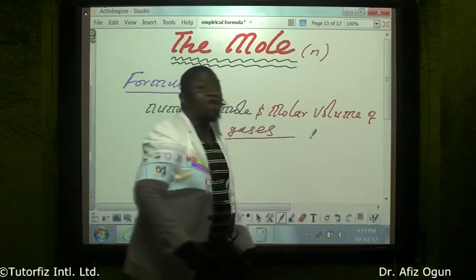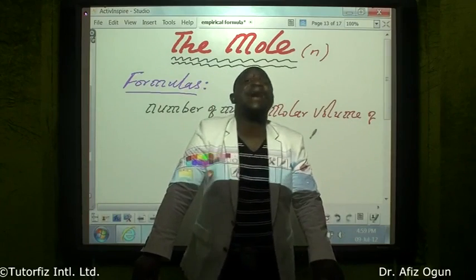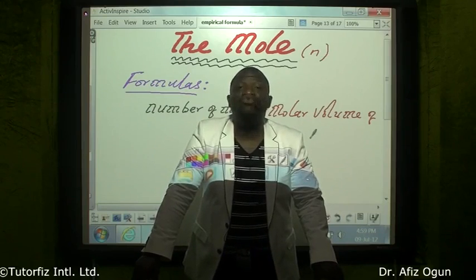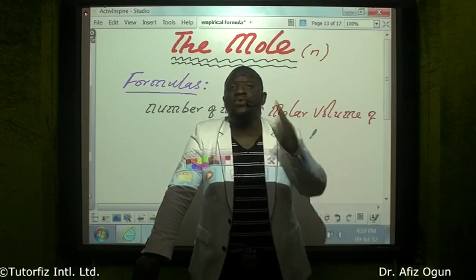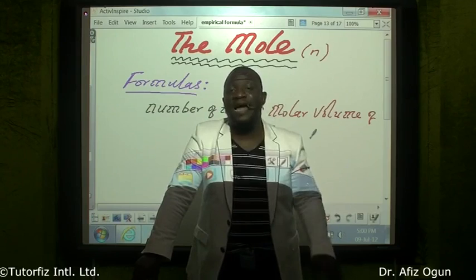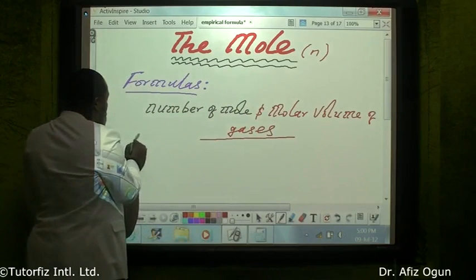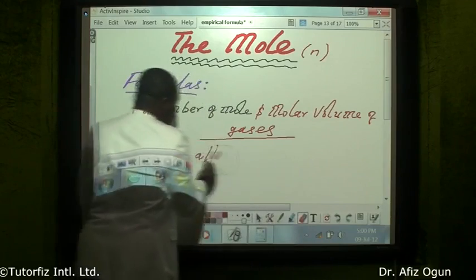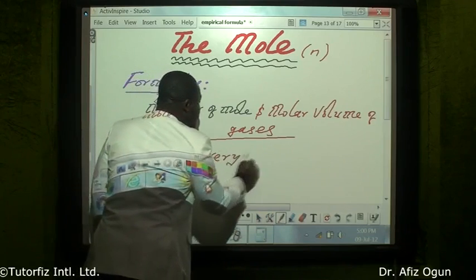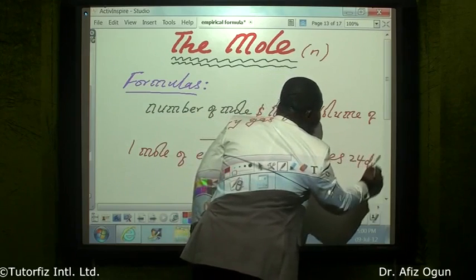We find out that all gases, be it hydrogen, oxygen, nitrogen, chlorine, fluorine, carbon dioxide, even steam of water, as far as it is a gas, all gases at room temperature and pressure, RTP, 1 mole of every gas occupies 24 dm cube.